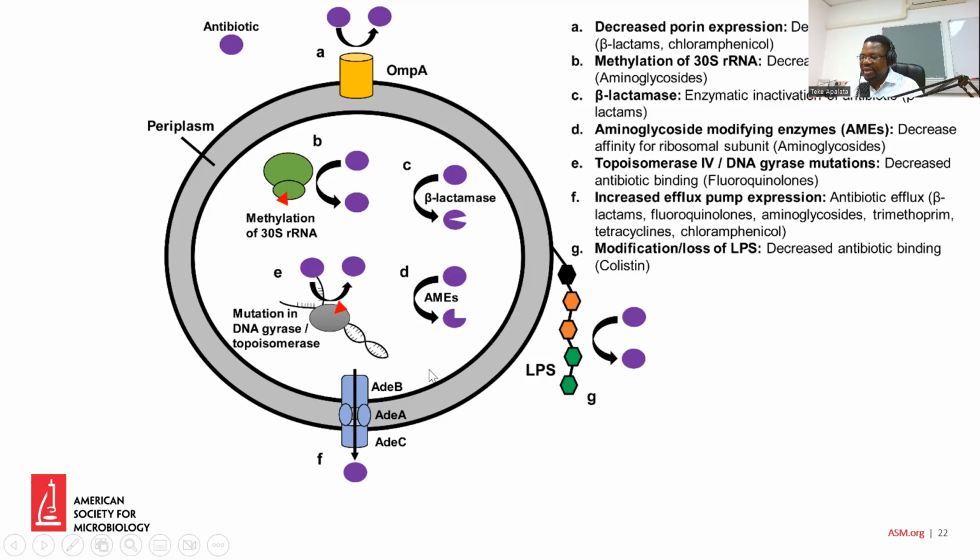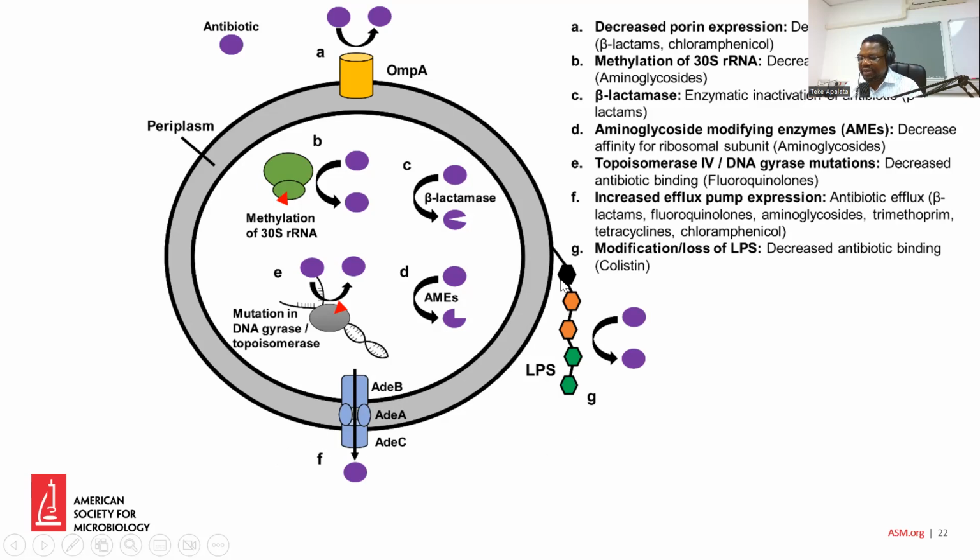So that will pump away the antibiotics that went inside the cell, so they are pumped out. And here, the mechanism of resistance can be applied to beta-lactam drugs, fluoroquinolones, aminoglycoside, trimethoprim, tetracycline, and chloramphenicol, which can develop resistance by developing an efflux pump.